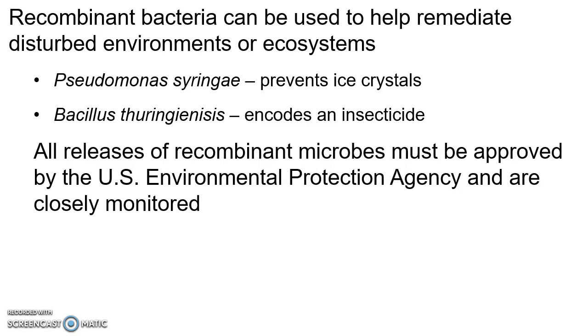There are recombinant bacteria that are used to help remediate environmental disturbances like Pseudomonas syringae, which prevents ice crystals from forming. And then Bacillus thuringiensis is a recombinant bacteria that has an innate insecticide, and that can also be used.